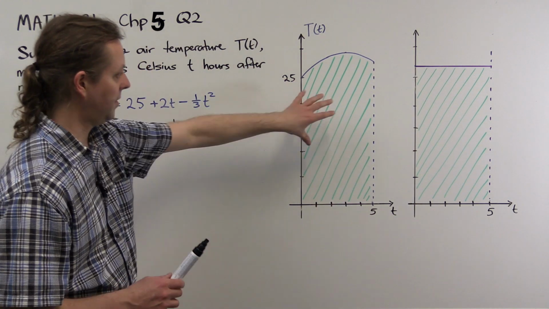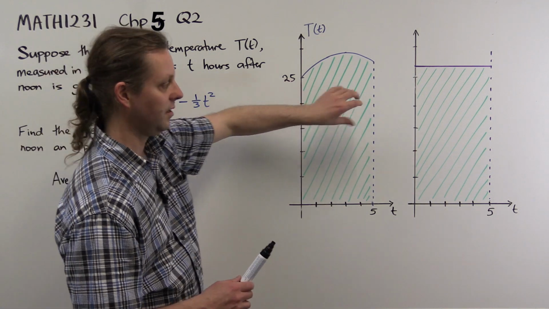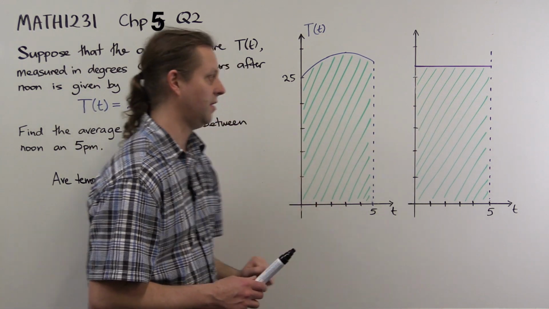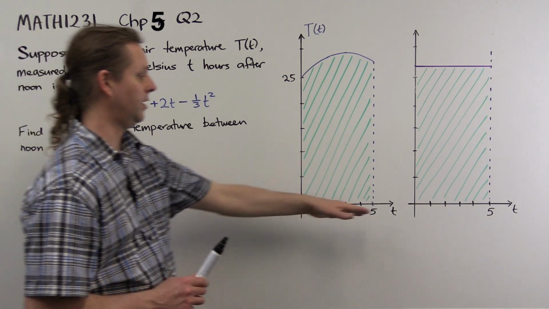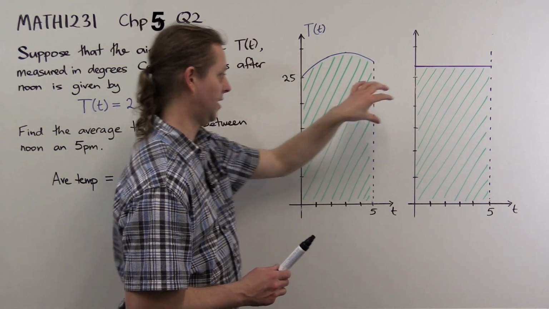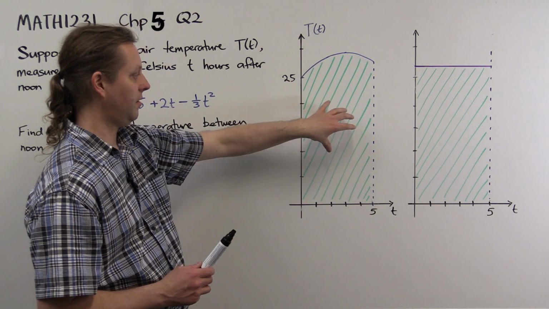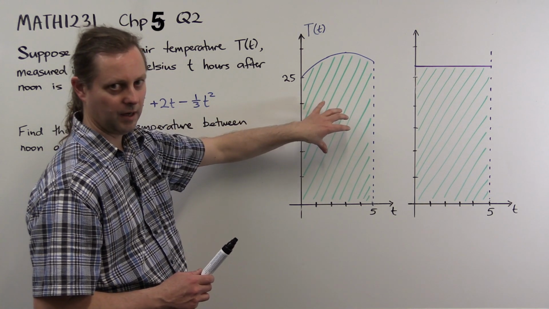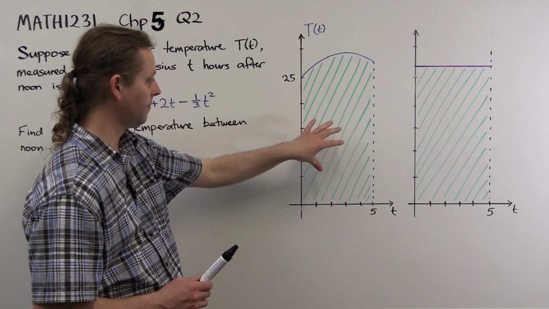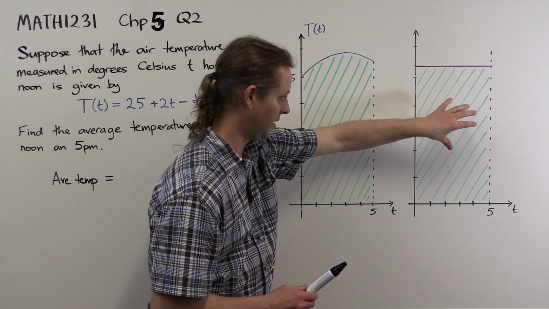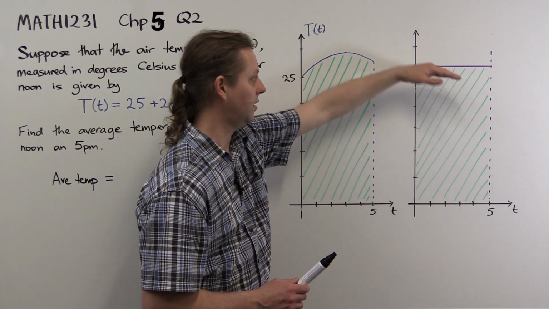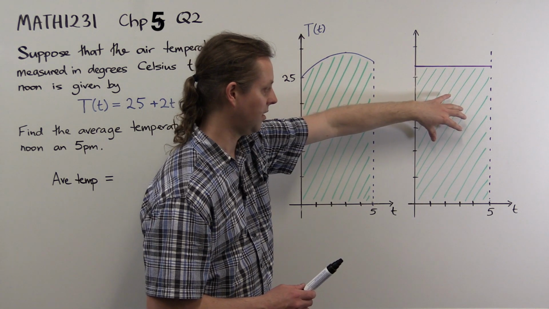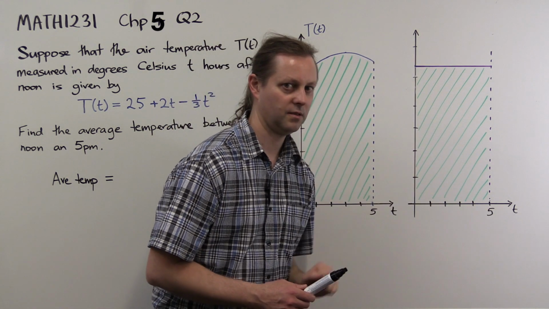Perhaps this green area looks pretty similar to that green area. We want to find exactly the height needed to make this area exactly the same as this. If we know this area, which we can calculate from this function, we can work out the height by dividing this area by the width of the base.